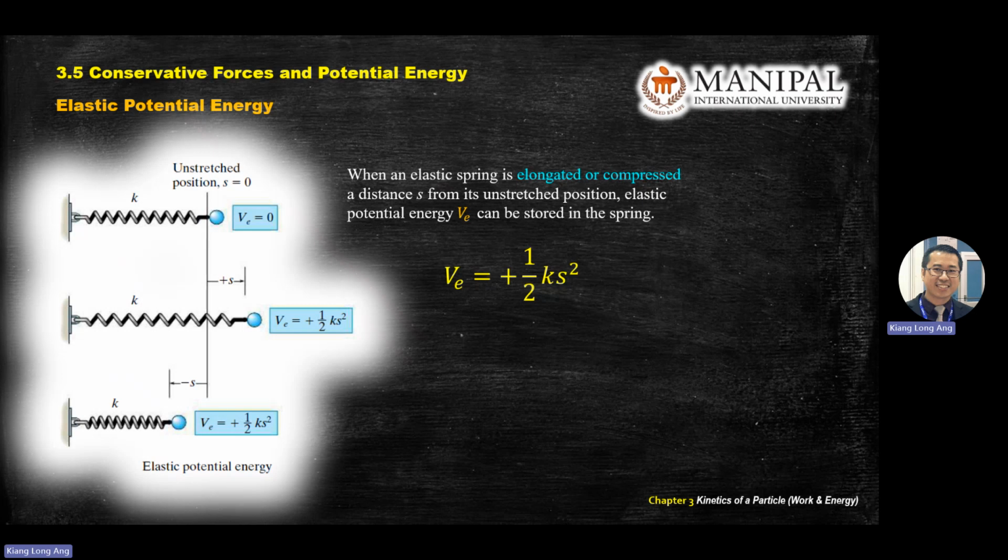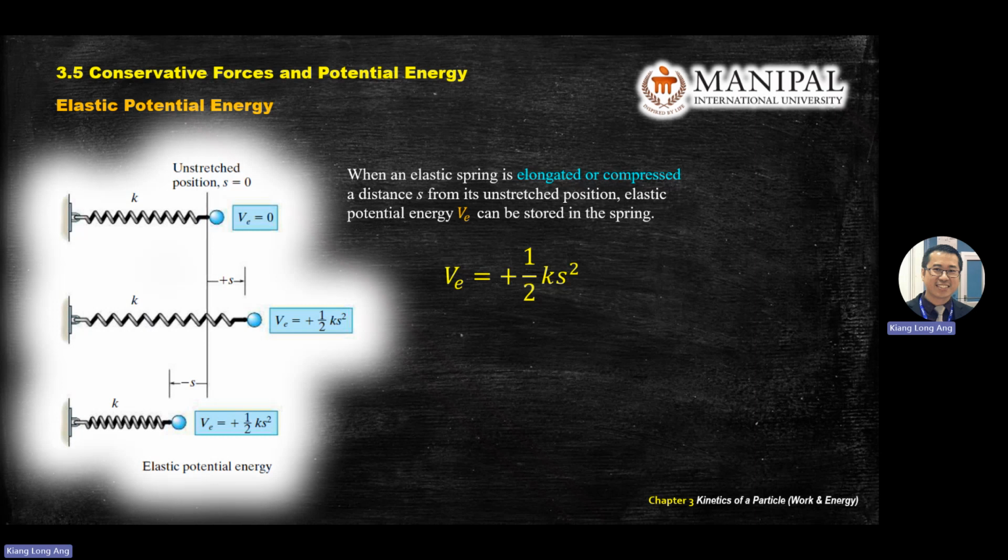When you stretch it, it will give you positive half k s squared. When you compress it, you will still get positive, because no matter whether you pull it or compress it, you are charging the spring.